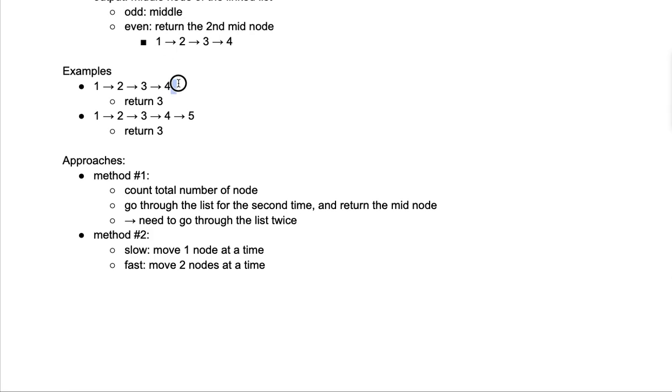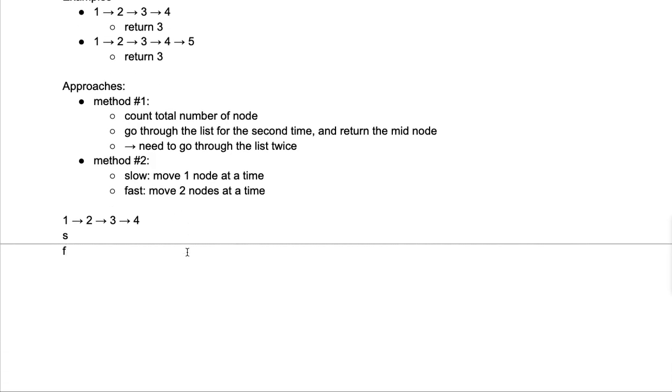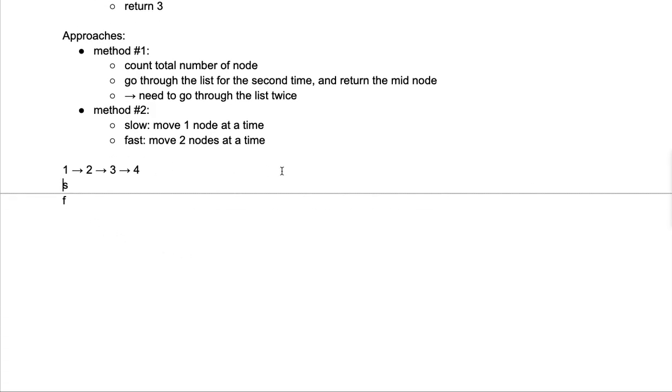We can go through an example here. For example, let's use this one. We have the slow pointer and the fast pointer. They all point to the head at the beginning. For the first step, the slow pointer moves to here, and the fast pointer moves to here.